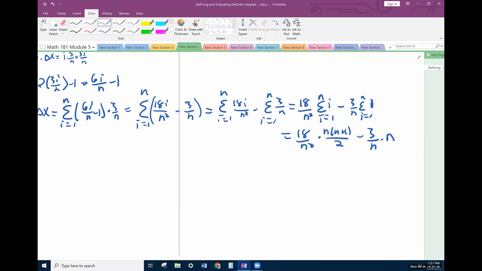So this is going to be 18 over n squared times n squared plus n over 2 minus, and this is 3n over n. I think you can see what's going to happen there.